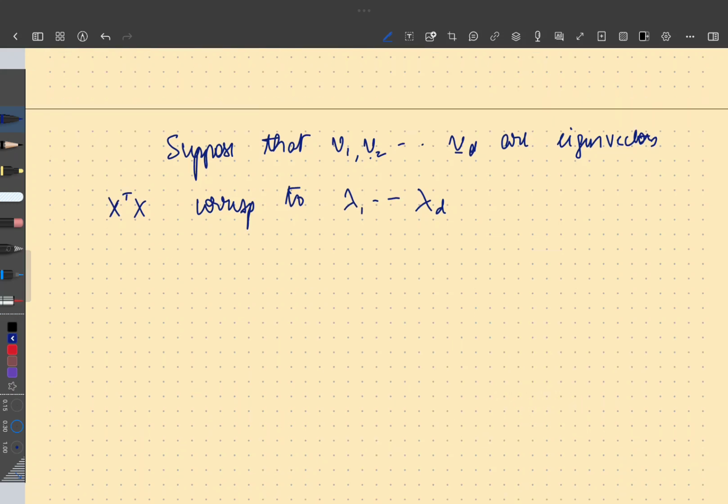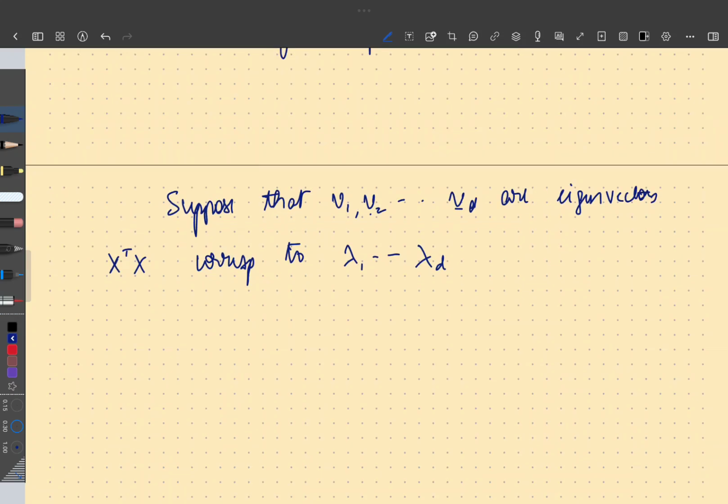X is capital D by n, right? Little d has not come into the picture in X transpose X, and that's what I'm heading towards.